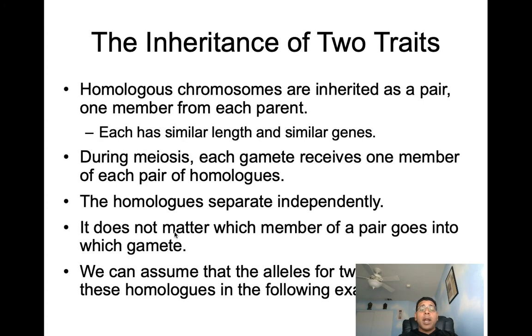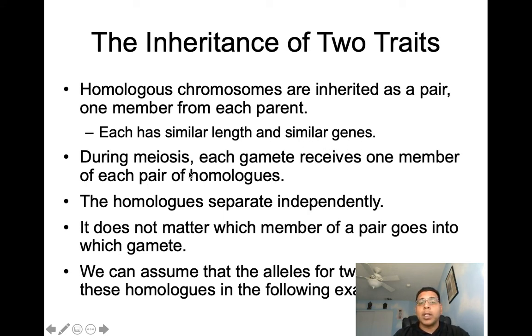Next, then let's check out the inheritance of 2 traits. Now, when we talk 2 trait crosses, let's review here. Homologous chromosomes are going to be inherited as a pair, one member from each parent, and each has similar length and similar genes. Very important there.